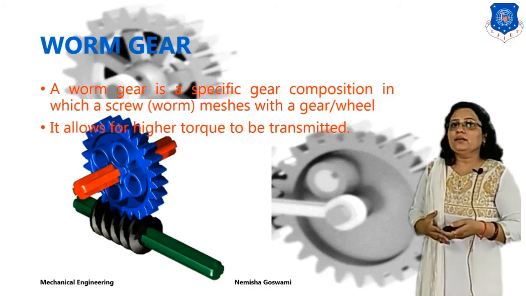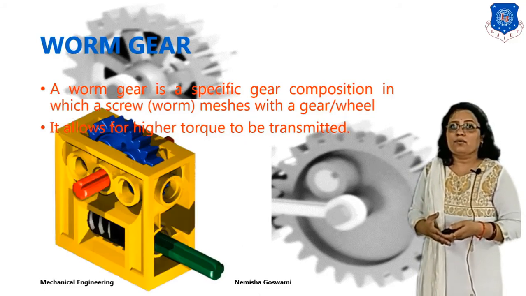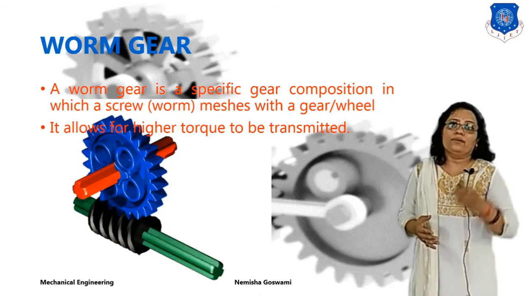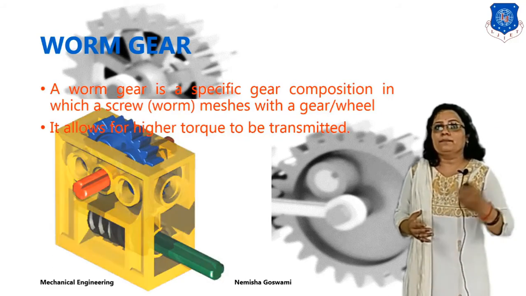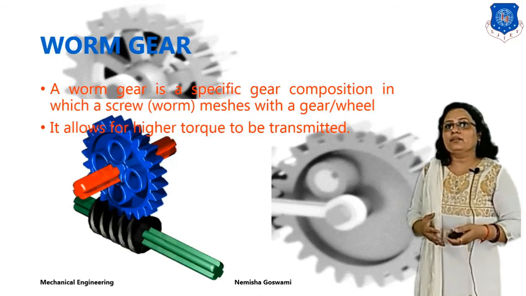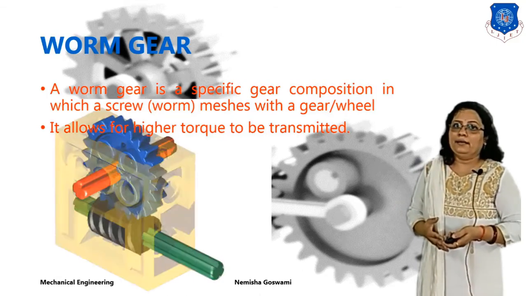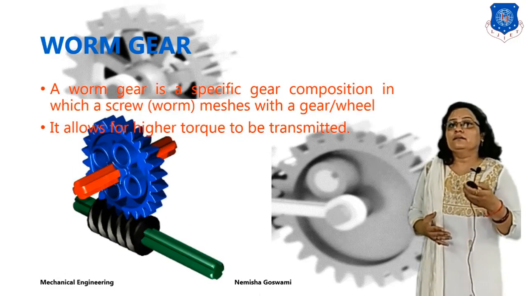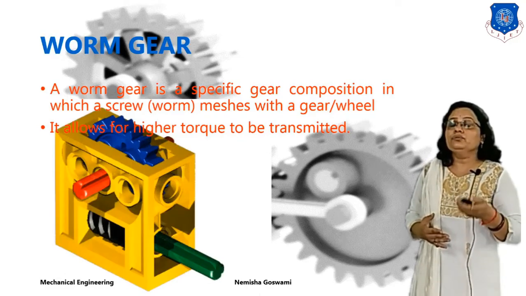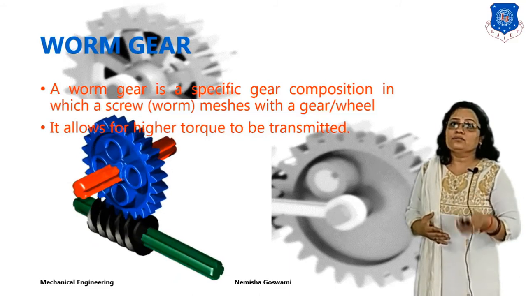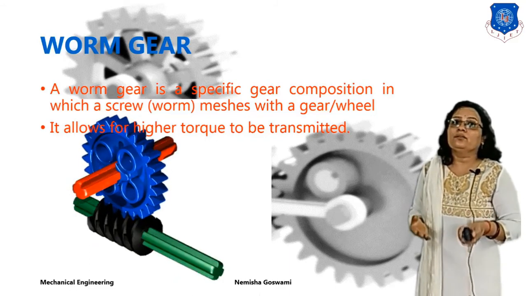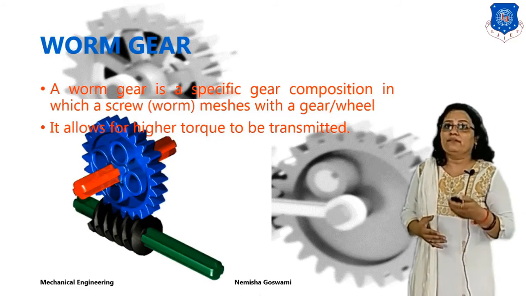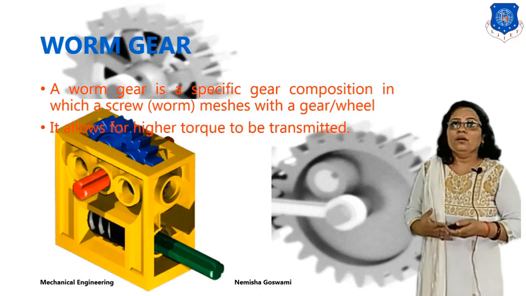These are basically used in material handling systems, or to move very heavy load from one place to another place. They also have a large contact area, so due to that, they have higher torque transmission capacity, and speed reduction ratio is very, very high in case of your worm gear.